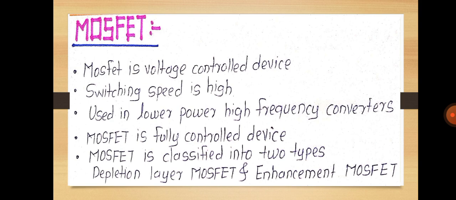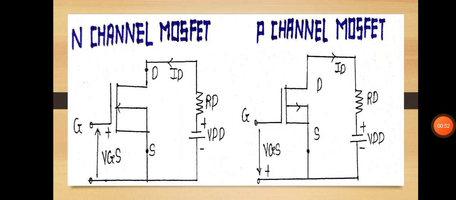MOSFET is basically classified into two types. First is the depletion MOSFET and next is the enhancement MOSFET. It is again classified into two types, that is N-channel MOSFET and P-channel MOSFET. As we know, MOSFET has three terminals: the gate, drain and the source.